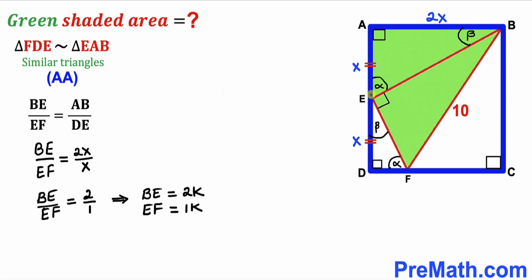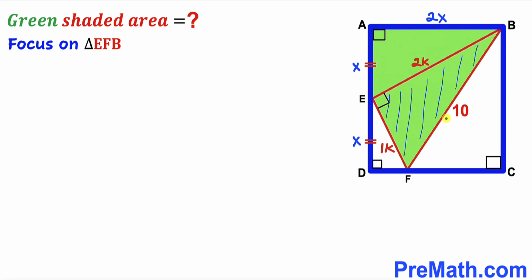We can see that this BE length is 2k, so I'm going to put down 2k over here, and likewise this EF length is 1k. Now we are going to focus on this right triangle EFB, and apply the Pythagorean theorem on this triangle.